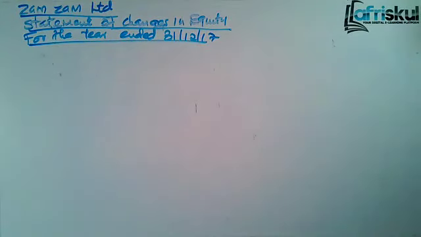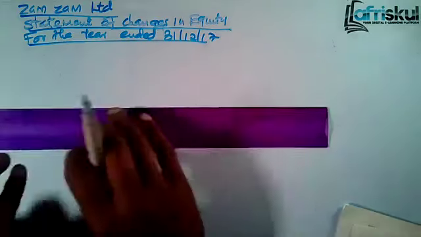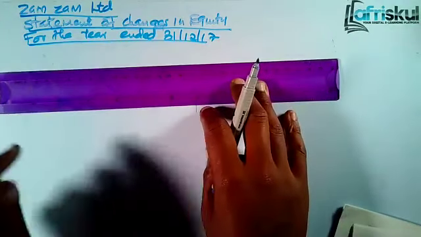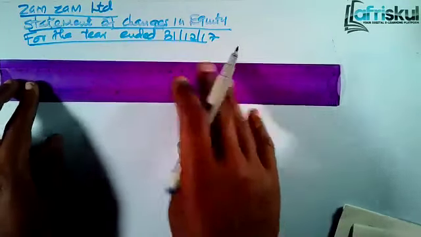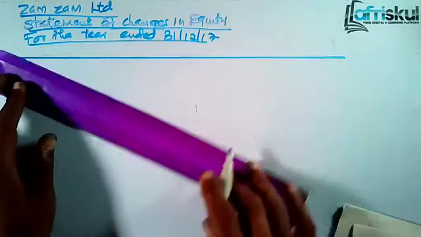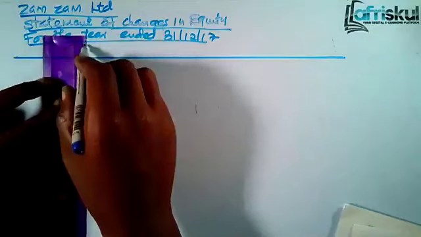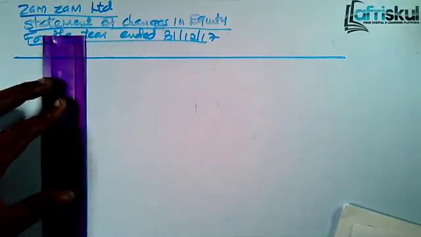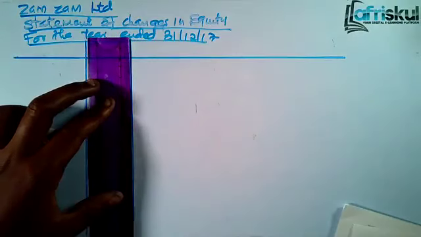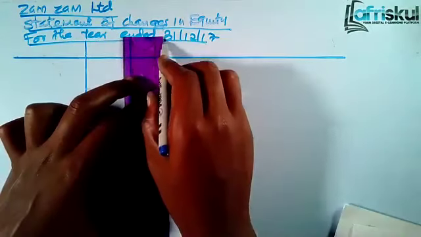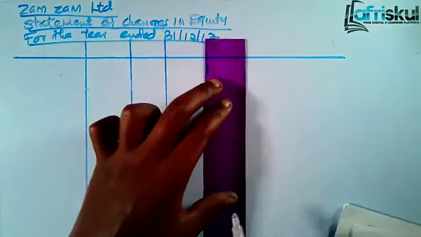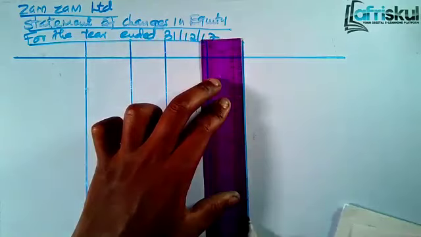So the equity items that I'm having here, we are having 4 of them. We have the ordinary shares, the share premium, the general reserve, and the last is the revenue reserve.